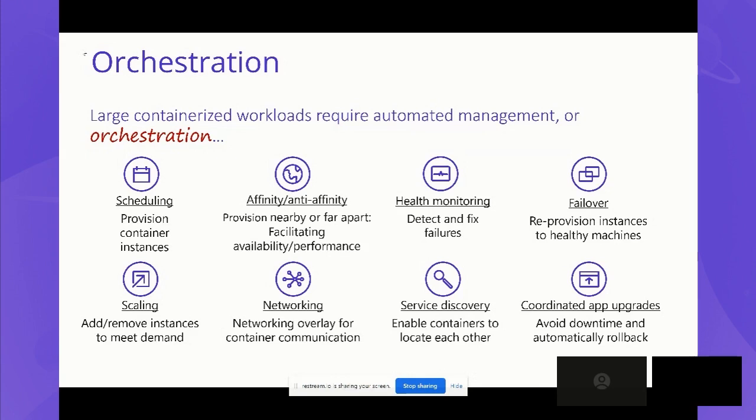Is it going to be the default kubenet or the Azure CNI or policies and so on and so forth? So networking is another key component, and obviously an orchestrator should simplify networking for us as much as possible, right? Service discovery I already talked about, which is about enabling containers to locate each other, to talk to each other, etc. And then finally app upgrades, how do you upgrade them seamlessly?